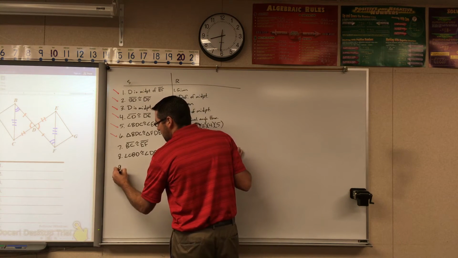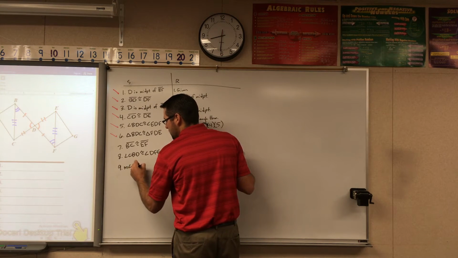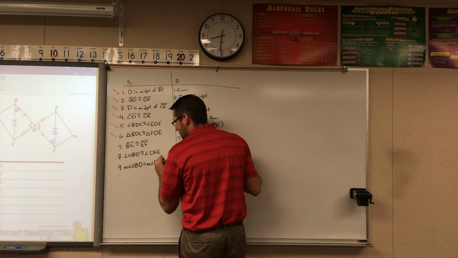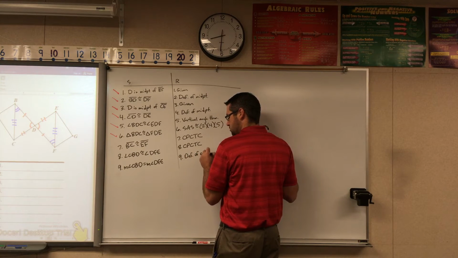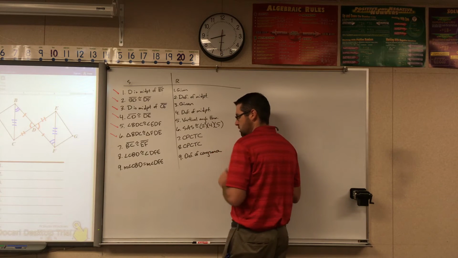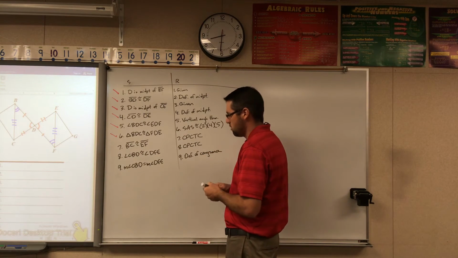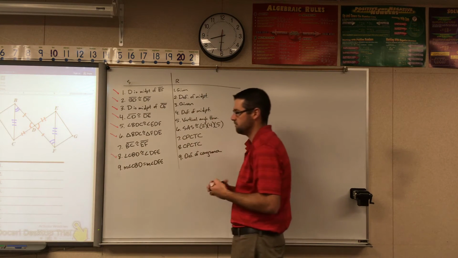So, actually, I'm going to change this real fast, and you'll see why later. The measure of angle CBD equals the measure of angle DFE. Why? Definition of congruence. Okay. Now we use step 8 to come up with step 9.